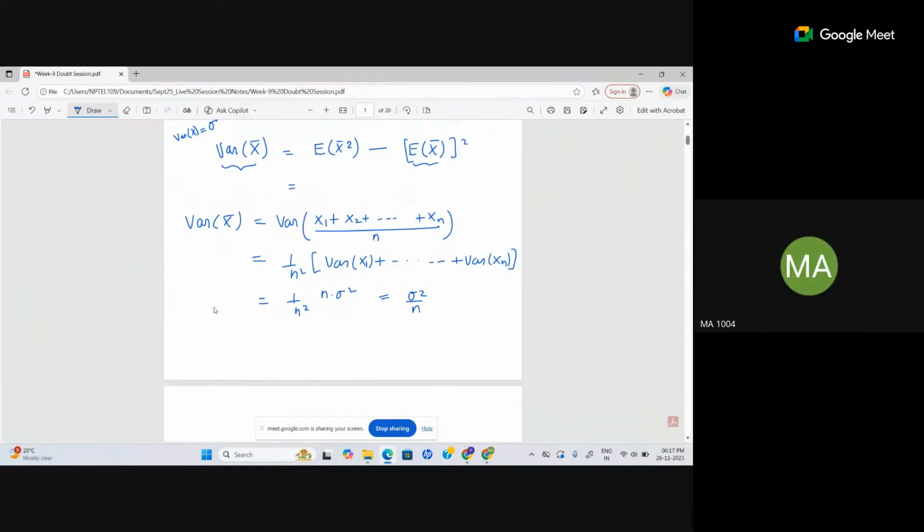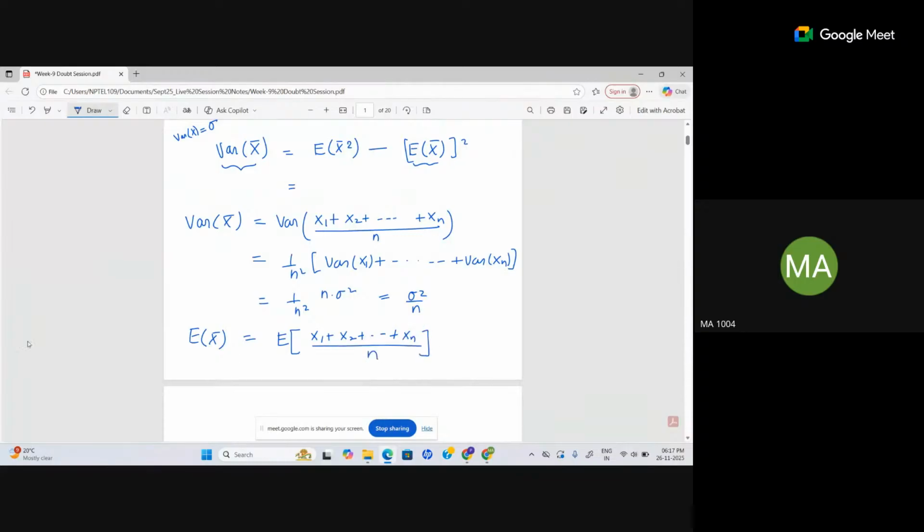Yes, ma'am. Similarly you can find expectation of x bar. So expectation of x bar comes equals to mu. I will show you again. So this is x1 plus x2 plus up to xn divided by n.